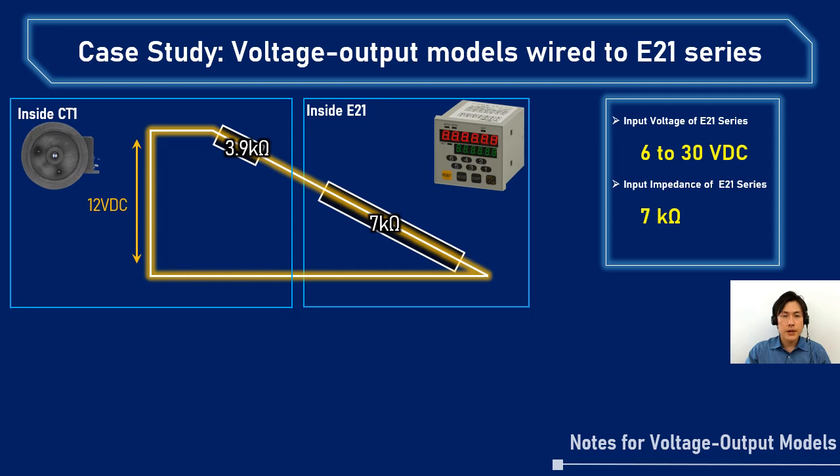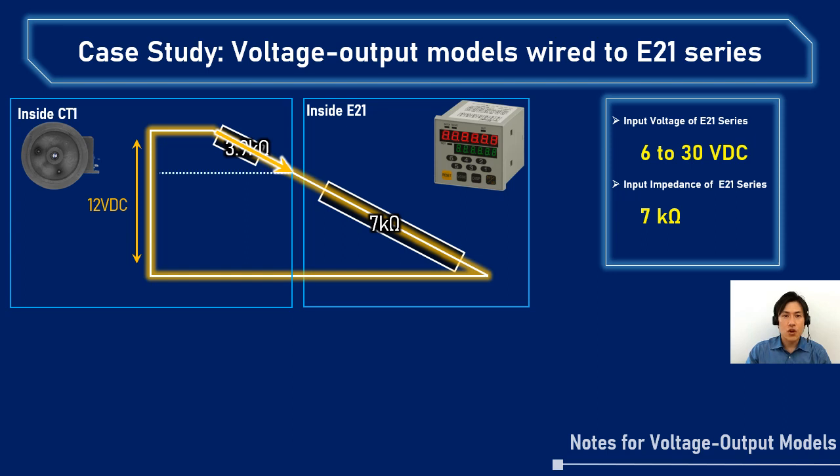So the electricity starts to flow from the left side inside of CT1 and is 12 volts DC. And as the electricity goes through the two impedances, the voltage gets lower. First, the electricity goes through the impedance 3.9 kilo ohms inside CT1.